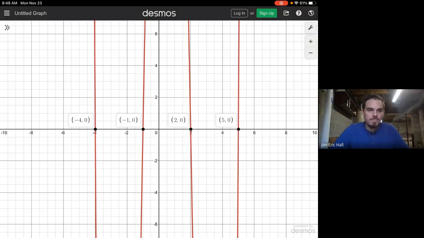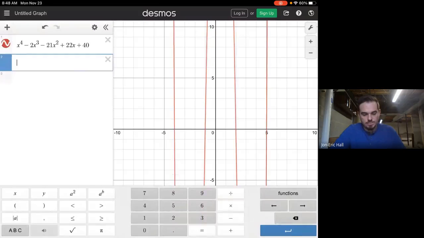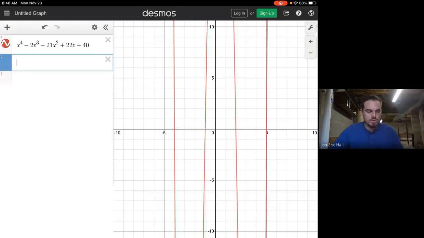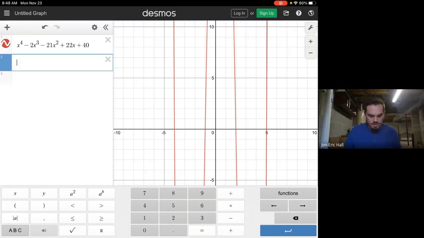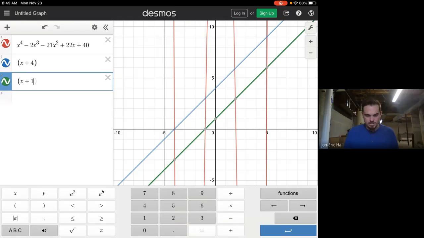I know by graphing this that I will have a linear factor here, but it's not x minus 4, it's the opposite. So it's got to end up being x plus 4. Do you see how it crosses at that point, right? Also, x plus 1. Again, it crosses at that point.